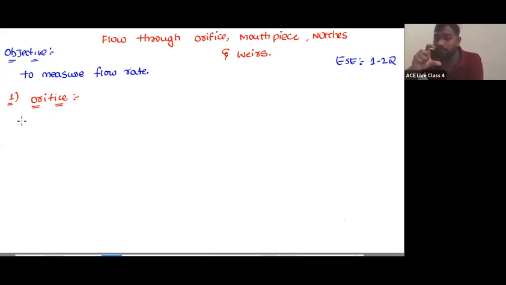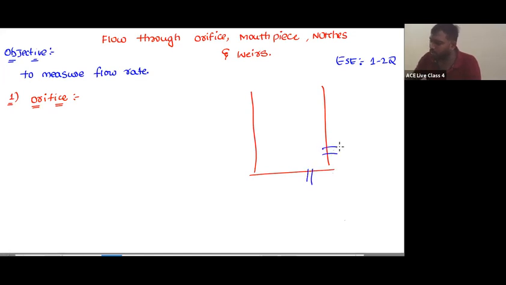And for that tap, in order to fit the tap, you have provided one opening before the construction, means before fitting of the tap. Whatever the tank you take, on the sides or at the bottom, we keep one tap like this. Whatever this opening that you have provided to the tank is known as orifice.